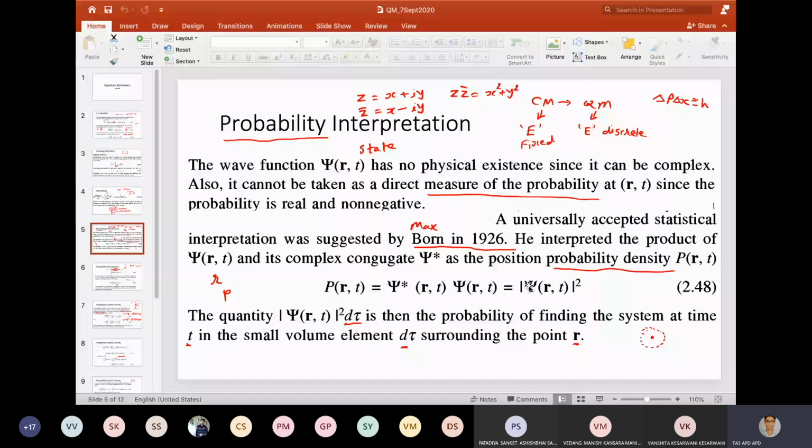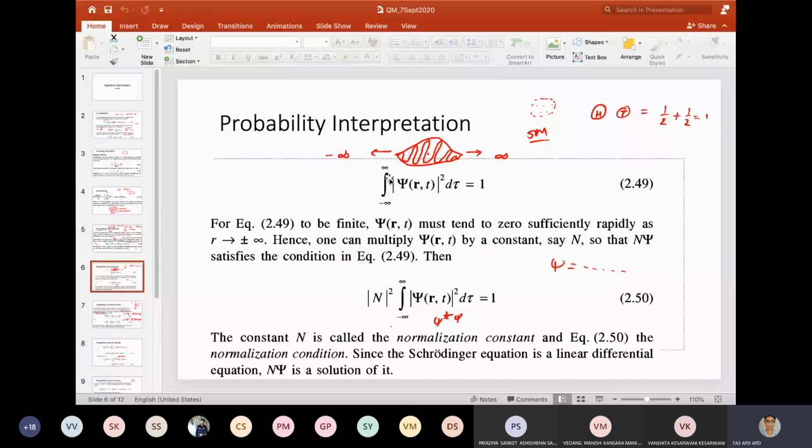That gives you the probability density. And when you multiply the probability density by the volume, it gives you the probability of finding the particle in the given region.